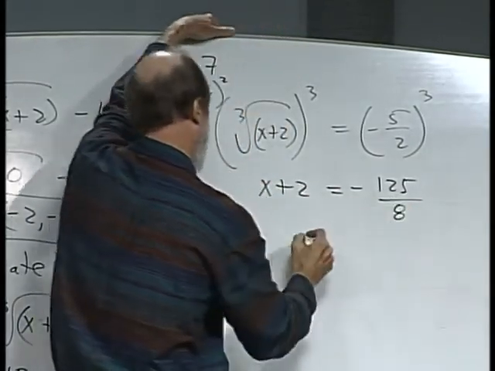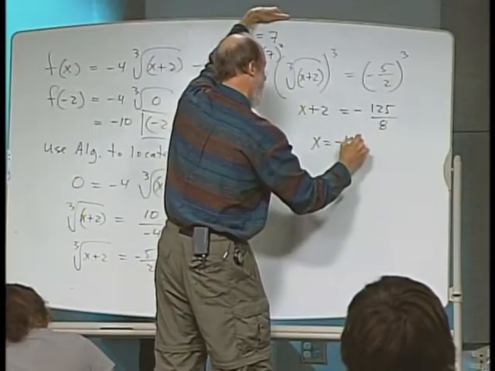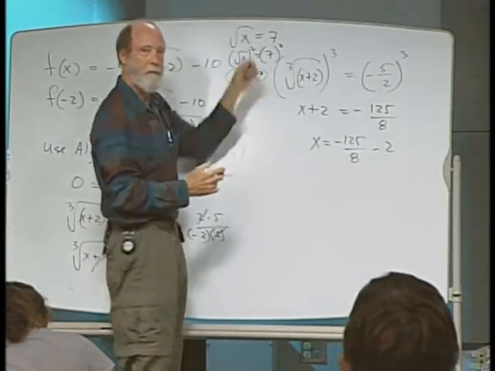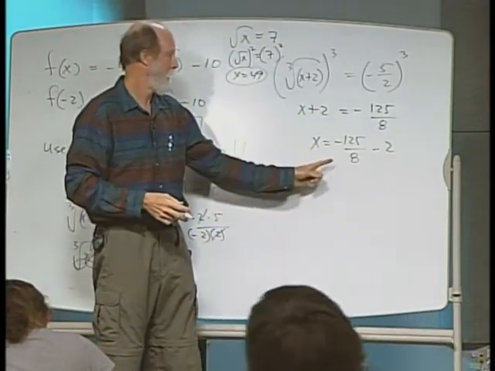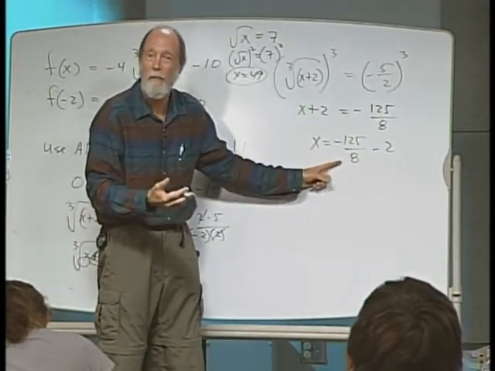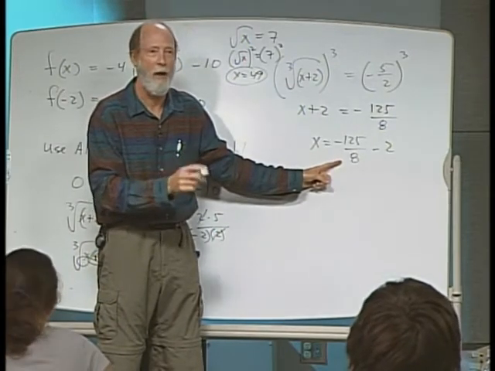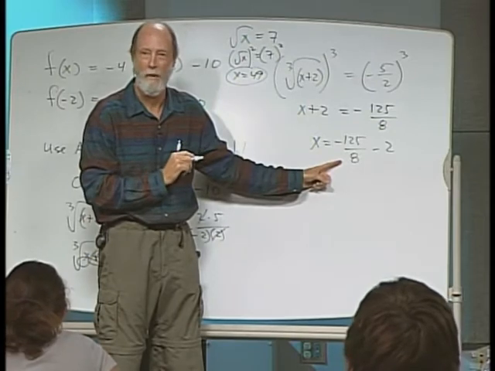And then move the 2 over to the other side. And now, I'm solving for the exact 0, aren't I? I'm solving for the exact value of the 0, where the x-intercept is.